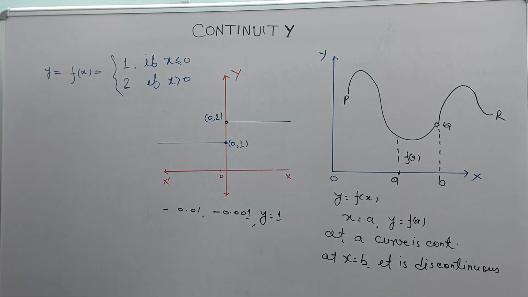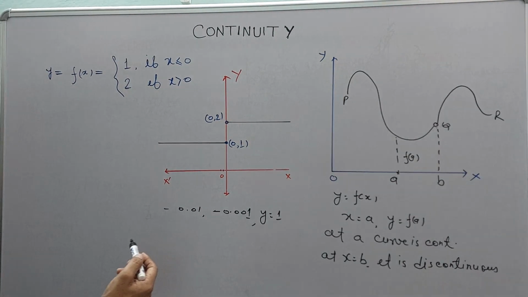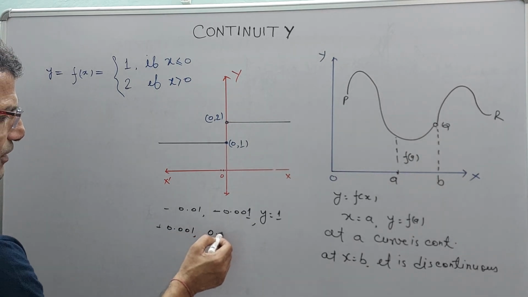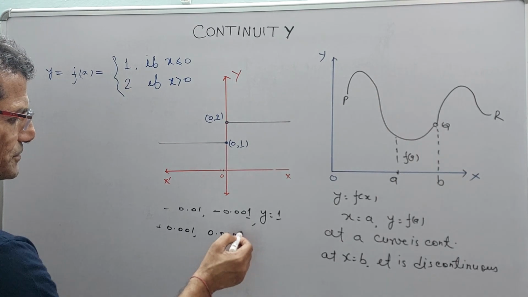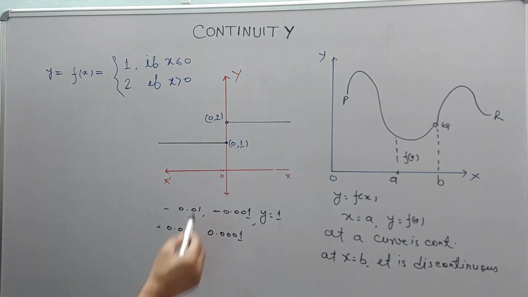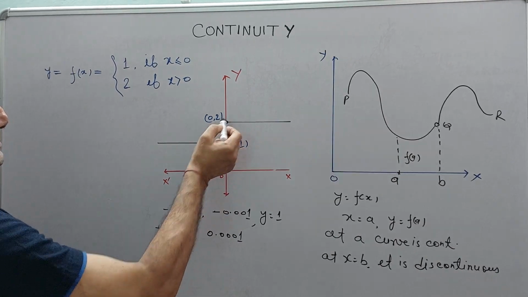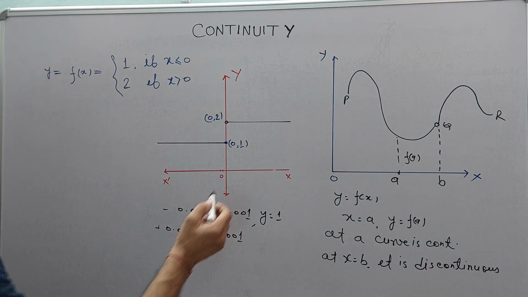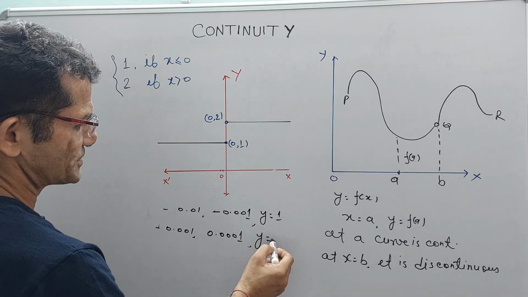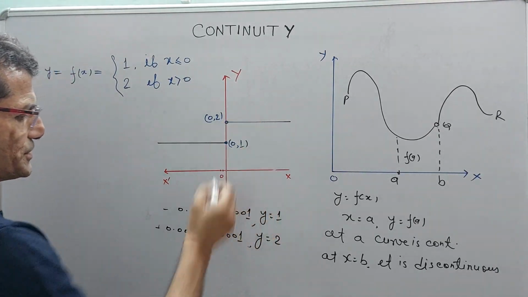Similarly, if I take values like plus 0.001 from the right part of the x-axis, near x equal to 0, looking at the graph, y or f(x) is equal to 2.